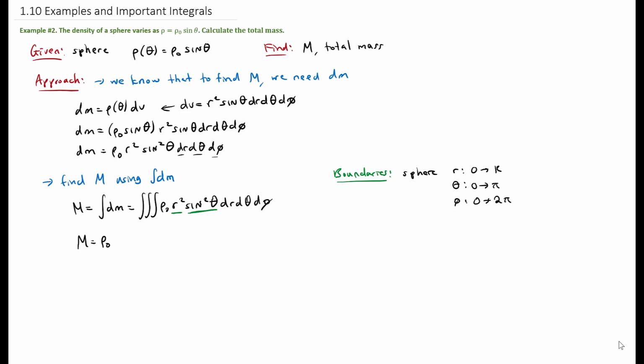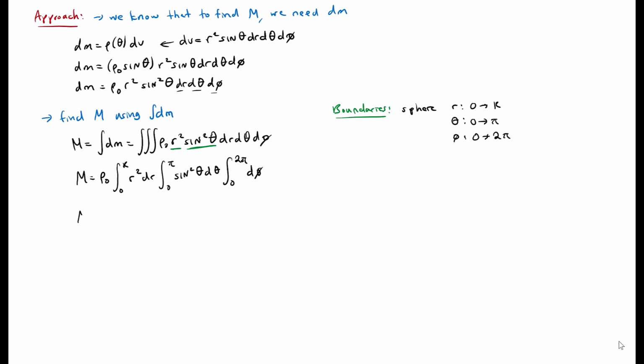And that means I can have 3 separate integrals instead of a triple integral. So we have the integral from 0 to R of r squared dr, so that's all of the r related terms. We have the integral from 0 to pi of sine squared theta d theta, and the integral from 0 to 2 pi of d phi. Now M is going to be equal to rho naught.